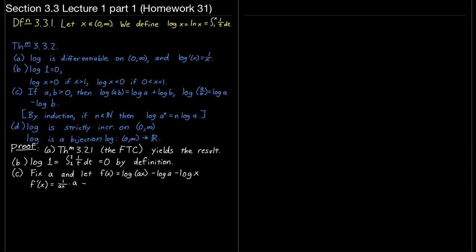Then log a is, we fixed a, so that's a constant, so that's 0. Then we subtract 1 over x, which simplifies down to 0. So f is constant on the interval from 0 to infinity, and that is true by corollary 2.3.6.